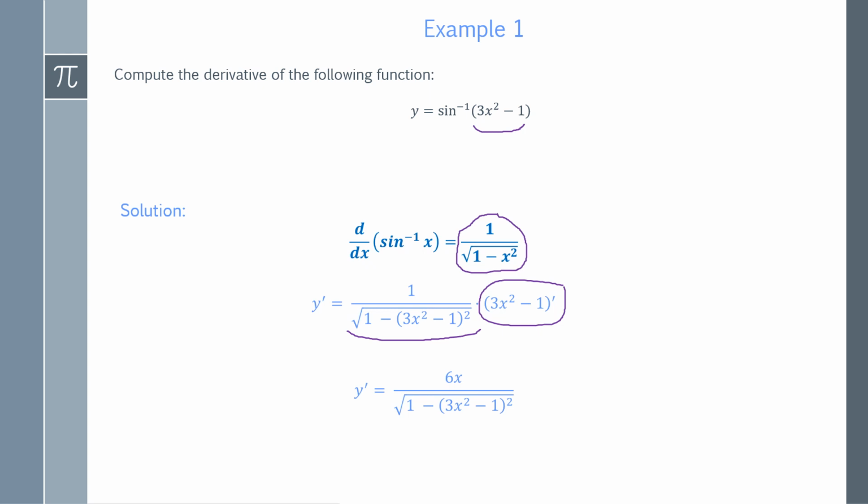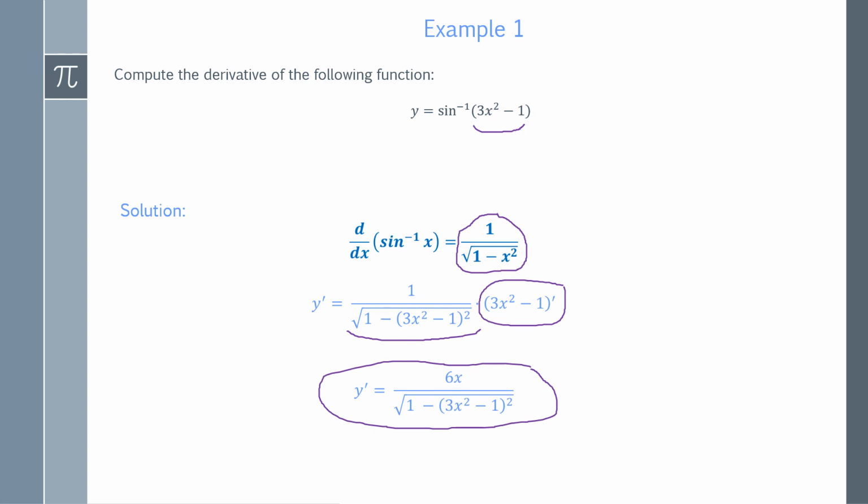Okay, so this is your first example to notice that we have to use the chain rule here. Okay, the derivative of 3x squared minus 1 is easy to compute. That's 6x. And the final answer is going to be the following expression, 6x over the square root of 1 minus 3x squared minus 1 quantity squared.